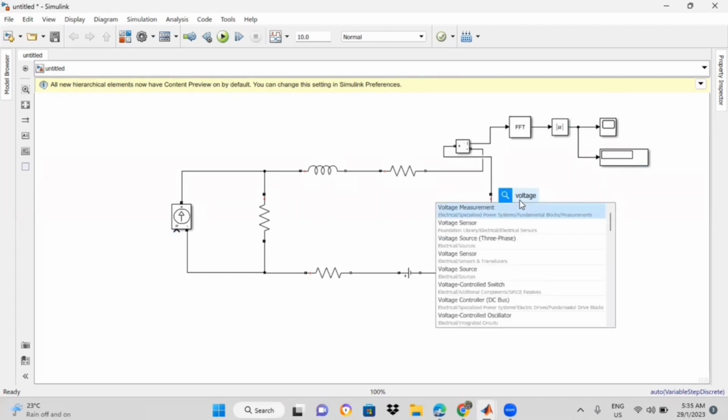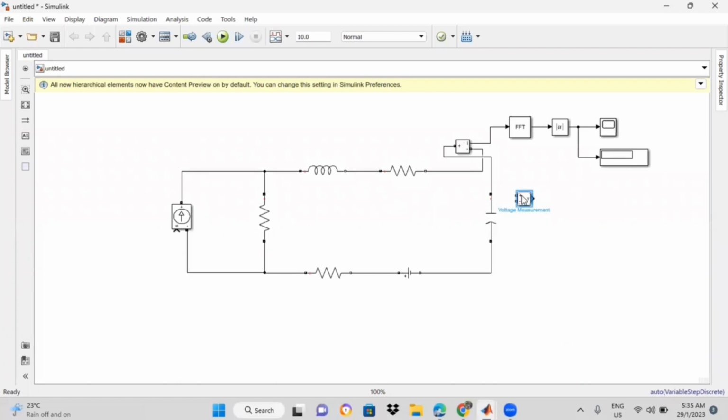Okay, and then we insert the voltmeter to measure the value of voltage across the capacitor, and then we need to connect the voltmeter. Again, the crucial part is how we connect it with the correct polarity.